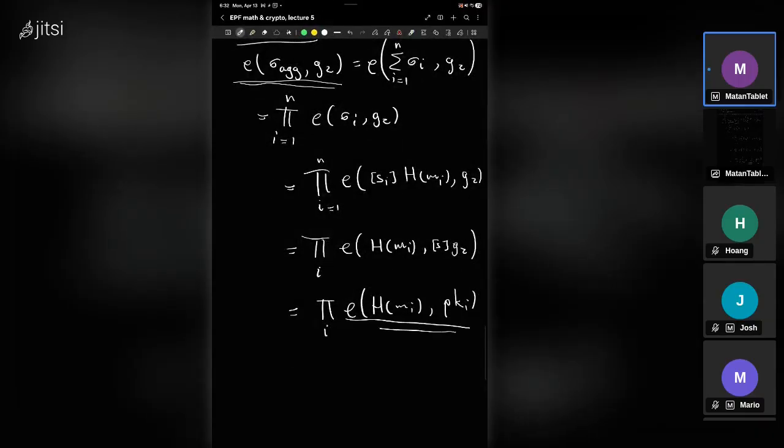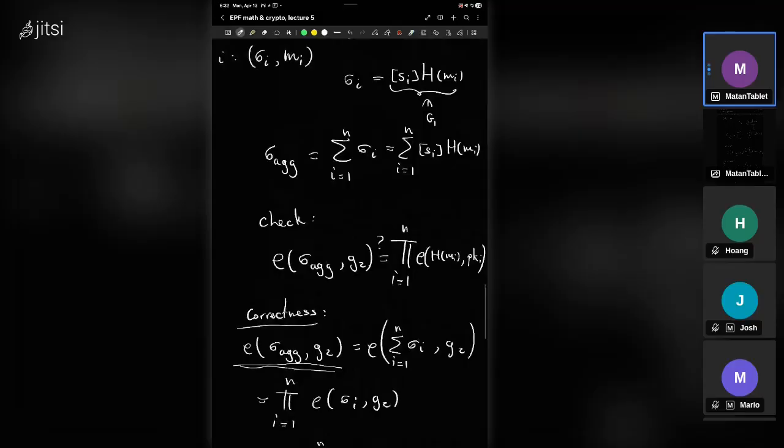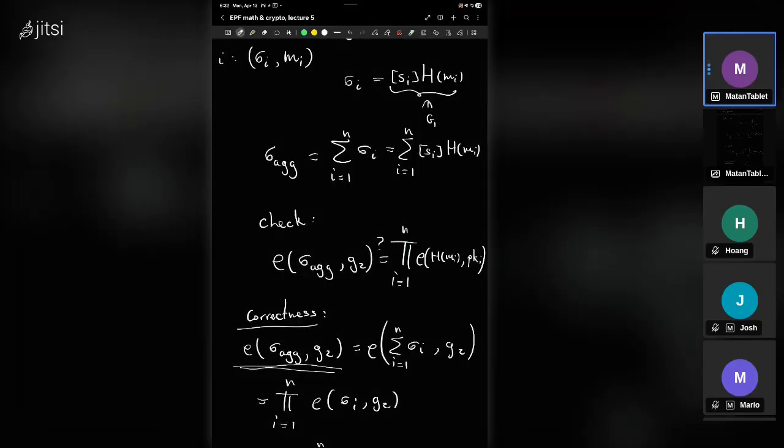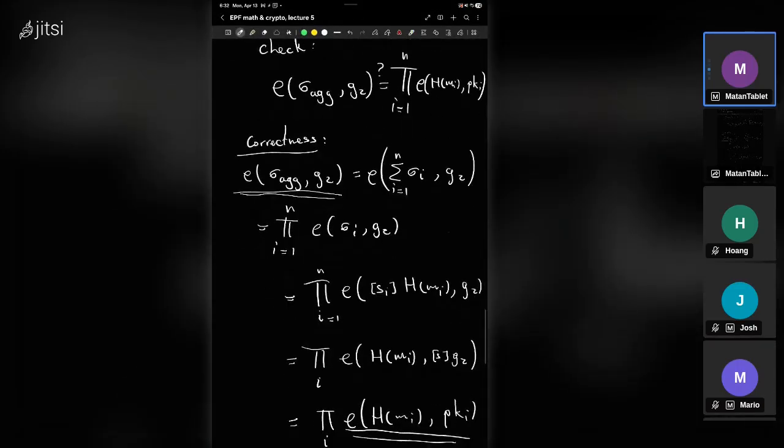So what did I need to do? I needed to aggregate all the signatures. This is like addition in G2, like maybe addition in some prime field, maybe slightly more expensive. And then I need to calculate two pairings. So I need to do n additions and calculate two pairings, and I basically verified the aggregated signature.